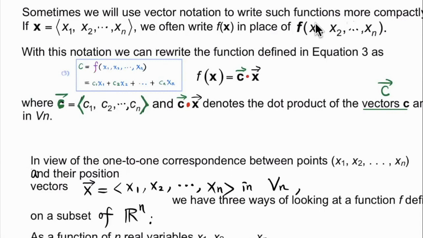And then we can write this function of this vector x in place of f of x1, x2 to xn. Now when we do that, this function of x1, x2, all the way to xn is equal to c1x1 plus c2x2 plus all the way to cnxn.